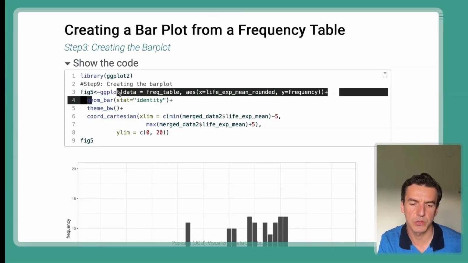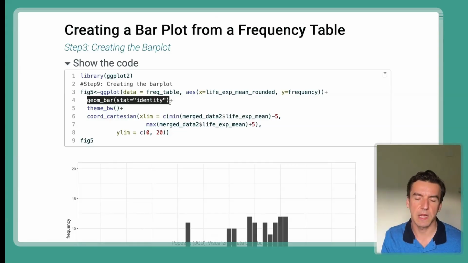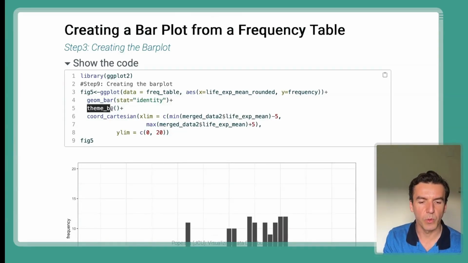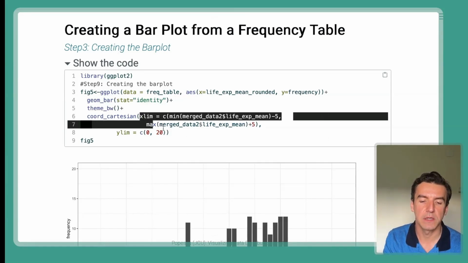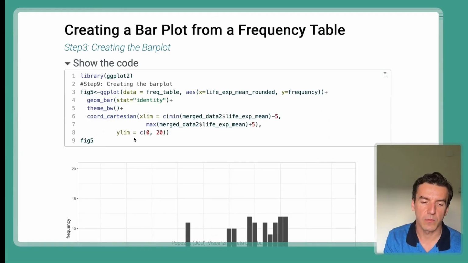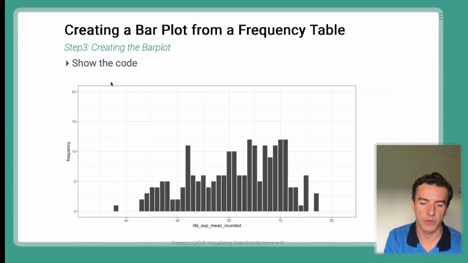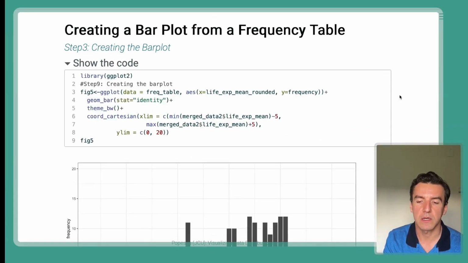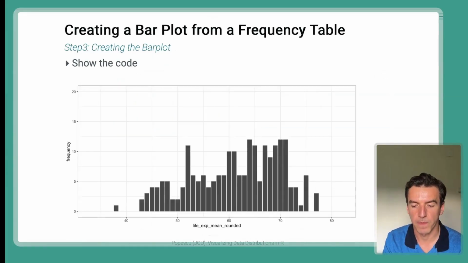We have to do this geom bar identity, that's just standard, in order to produce a bar plot. We want to make this black and white. And then for better display, I want to create limits to both the x and y axis just to better show the data. But obviously those are optional. So if you click on show the code, you can simply copy and paste this code in your own Quarto document and replicate exactly this graph.